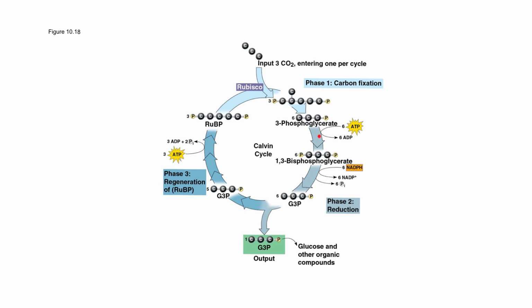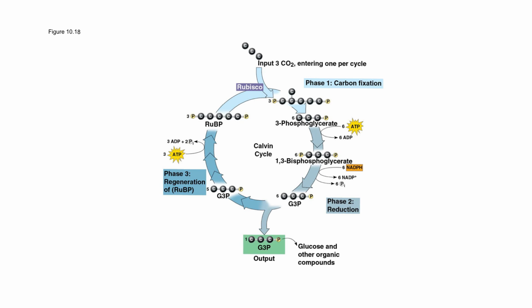Then we are going to move into the reduction phase. In phase 2, which is the reduction phase, that PGA, or that 3-phosphoglycerate, is going to be reduced to G3P, which is glyceraldehyde 3-phosphate. This is the reverse of glycolysis.